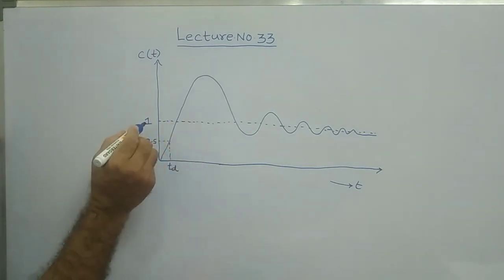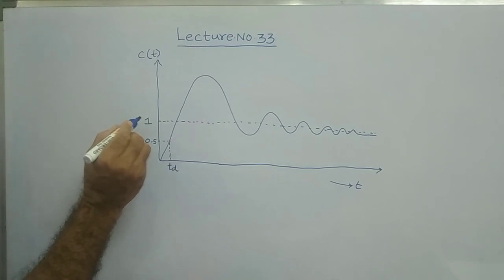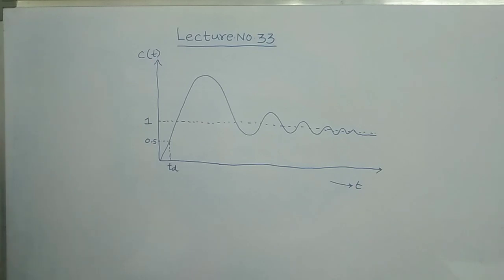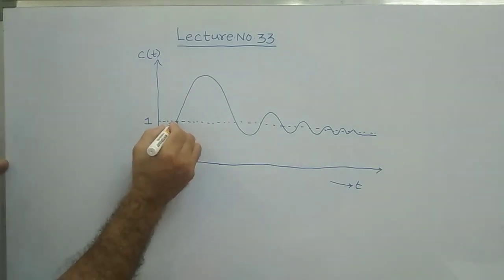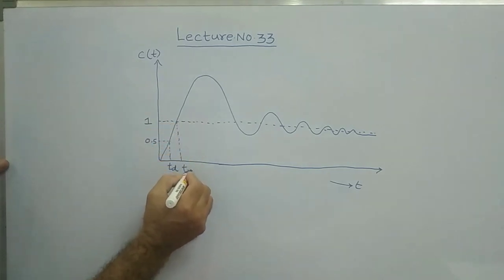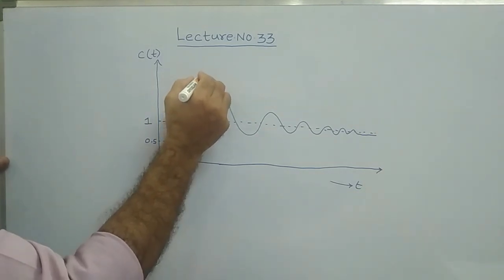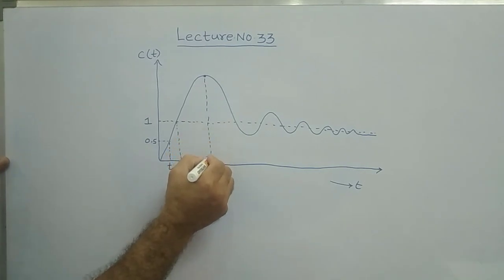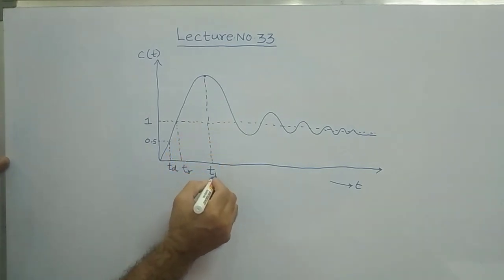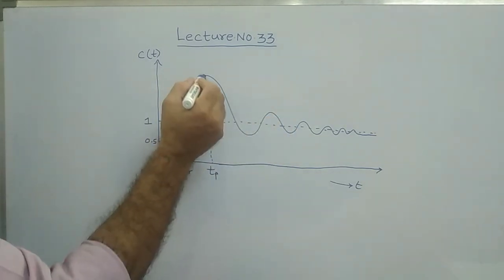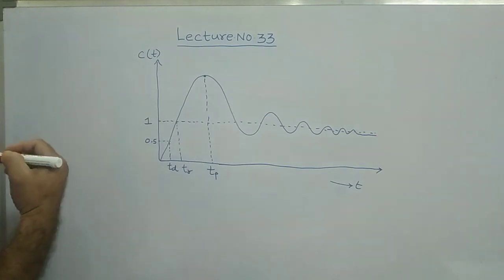At 100%, the time required for the response to reach 100%, means 100 by 100, it is 1, is called TR, rise time. Similarly, this is the peak, and to reach the peak value of the response is called TP, peak time, the time required for the waveform to reach the peak value.